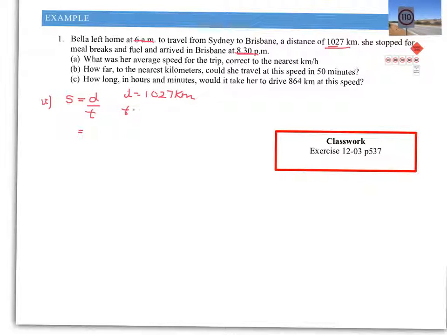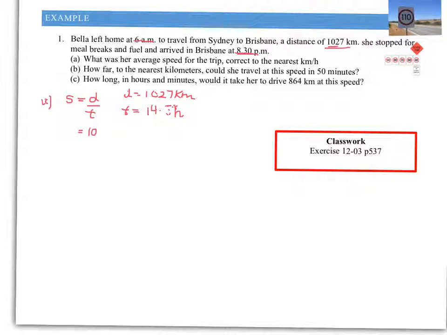We need to know time, slightly more difficult, but I'm pretty sure you can all work out the difference in time between 6 a.m. and 8:30 p.m. And what you get is that is 14 and a half hours. I'll just write that as 14.5. You can see I am still struggling with this pen.